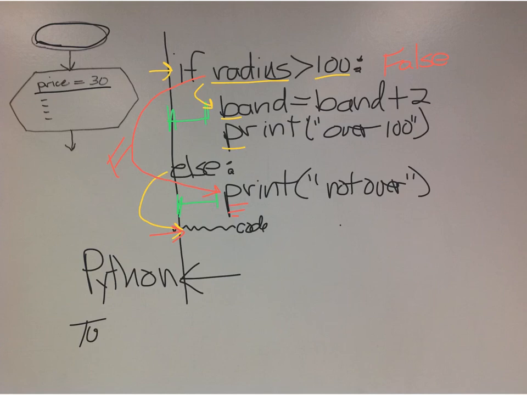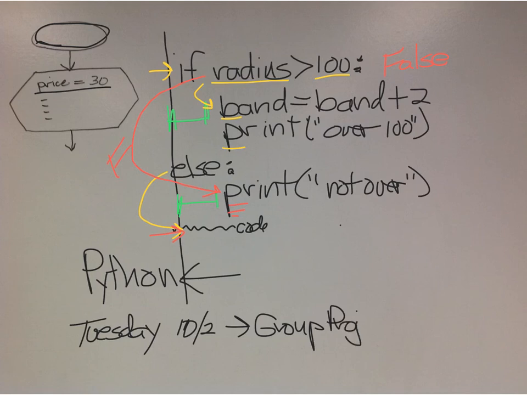So here's where we're at. Tuesday I will be gone. That would be 10-2, but we're going to have a group project that would require a conditional, and you'll work on it just in class.